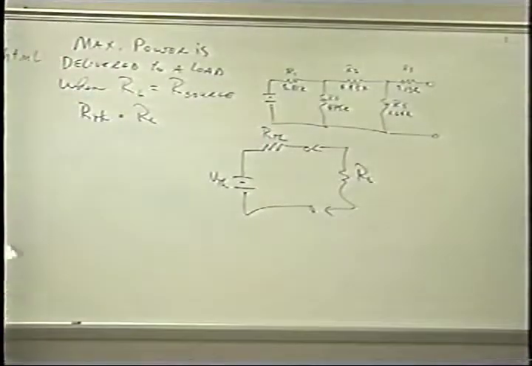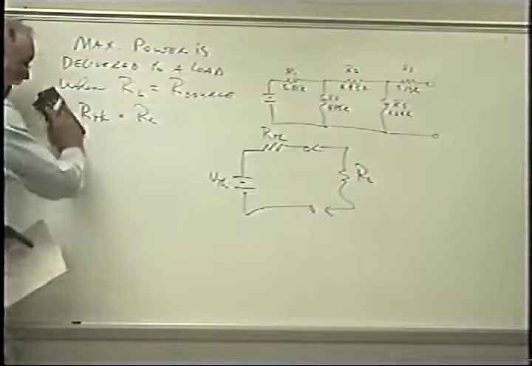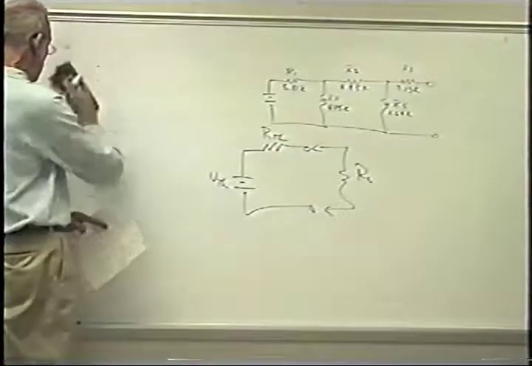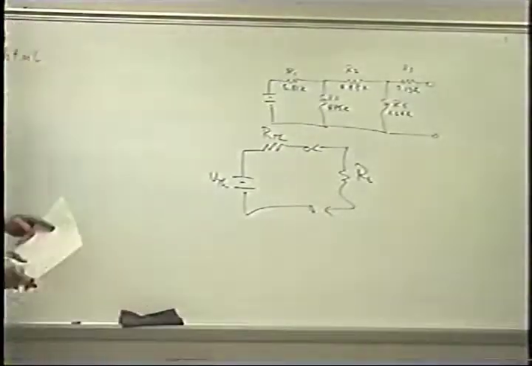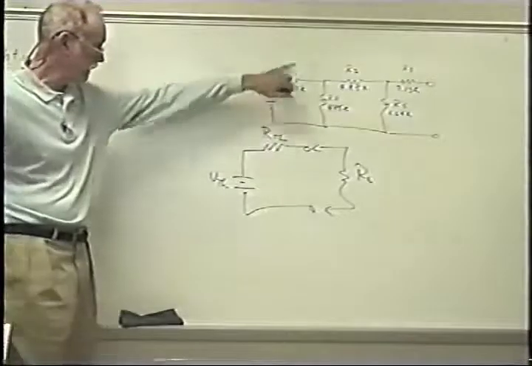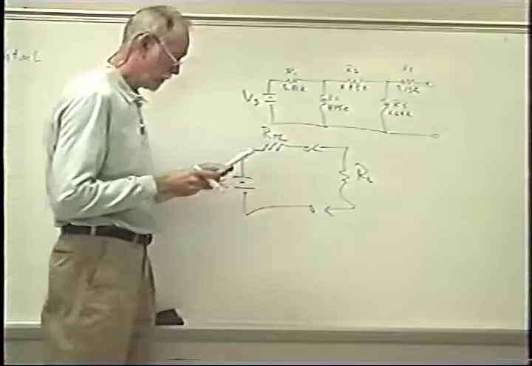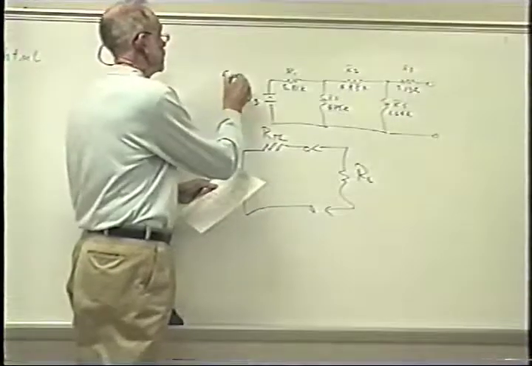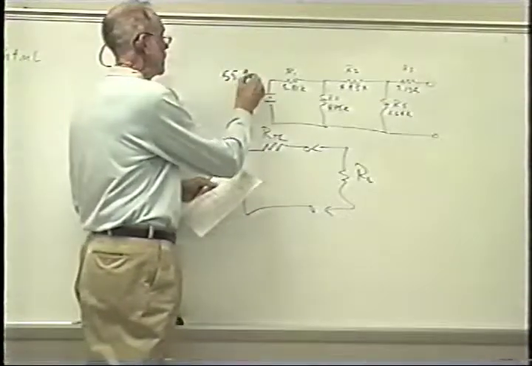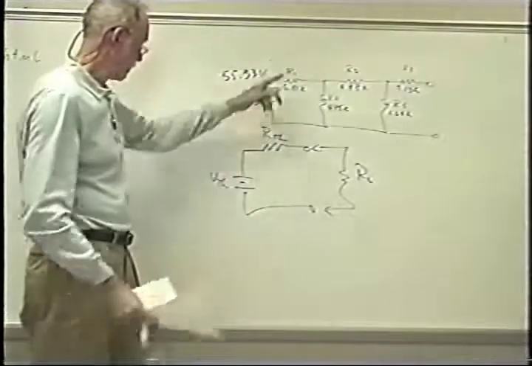All right. Now, since you have already had instruction and plenty of practice and been tested on how to come up with a Thevenin equivalent network, I'm not going to do that for you. I will, however, tell you what the values are that you should come up with. Let's go over these. V source is 55.33 volts.